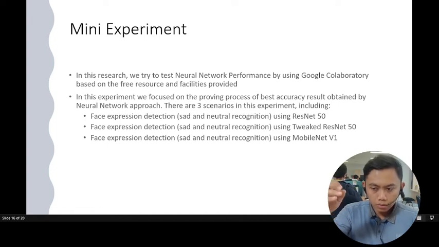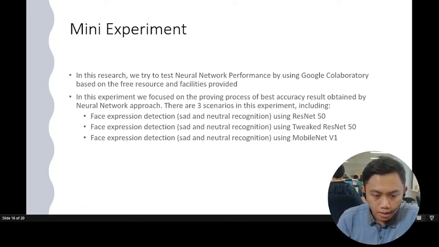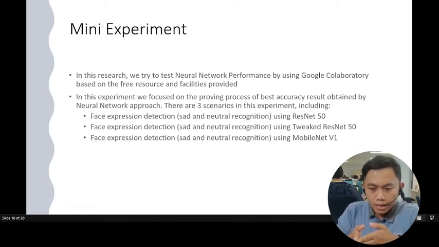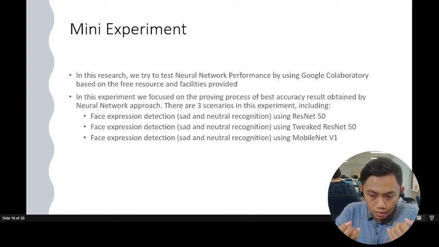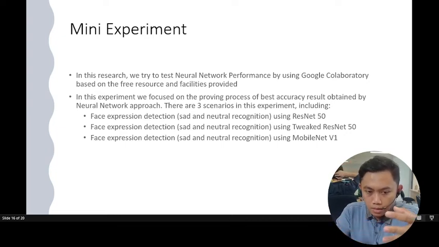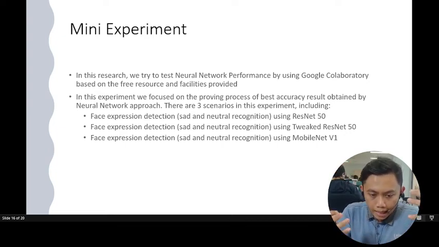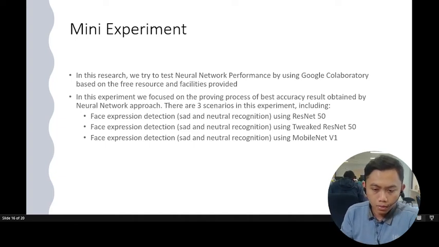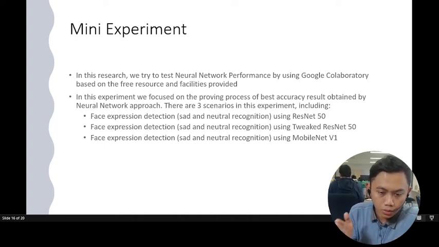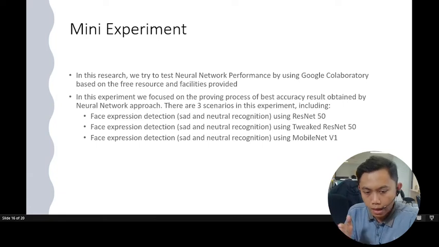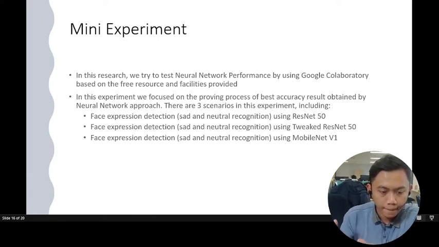We also rearrange this data. We divide it into sad and neutral recognition. Sad means a face that shows sad expressions, and neutral means a face that does not show any expression. So we divide it into two parts: the sad part and the neutral part.